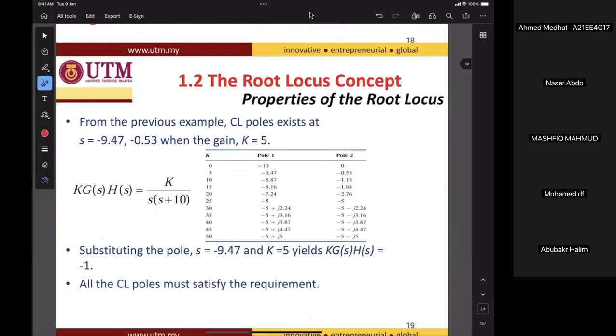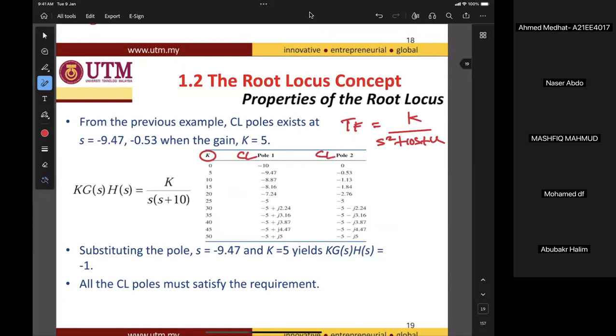From the previous example, the table here, to plot the transfer function root locus just now, which is K over s square plus 10s plus K. You can see that when we vary K, you will get closed loop pole 1 and closed loop pole 2.